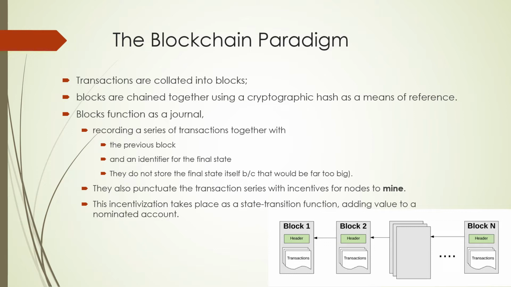Basically, a block is created to collect a number of transactions and put them together in the form of a block with some header. Blocks are chained together using a cryptographic hash as a means of reference, and you can think of a block like a journal that records a series of transactions, and it also keeps the previous block and the identifier of the final state in it.